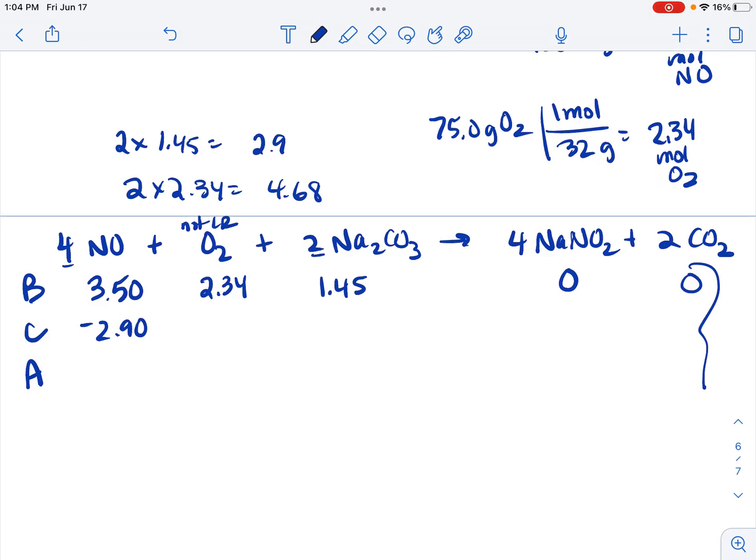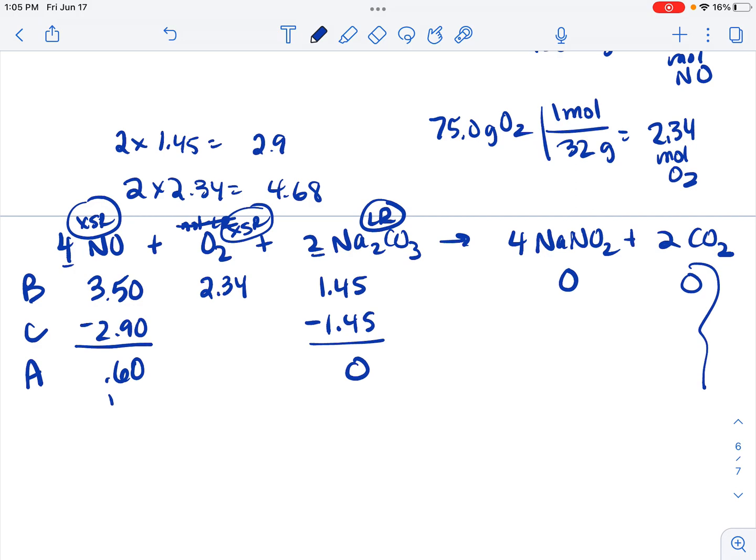So what this tells me is that the sodium carbonate is limiting, and these two are the excess, the nitrogen monoxide and the oxygen. So now I can say I'm going to use all 1.45 of the sodium carbonate. I'm going to use 2.9 of the nitrogen monoxide because I just figured that out. And so that gives me 0.60 moles left.